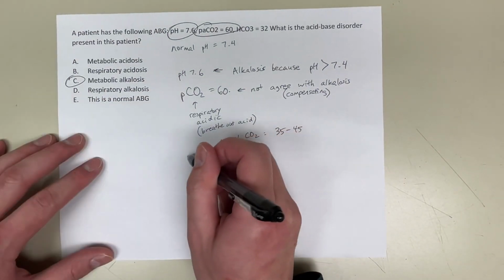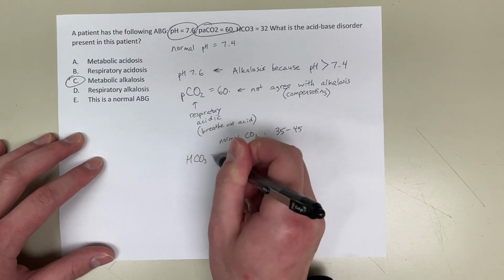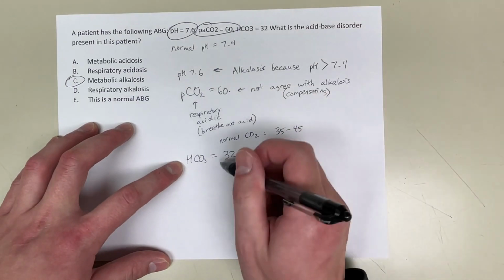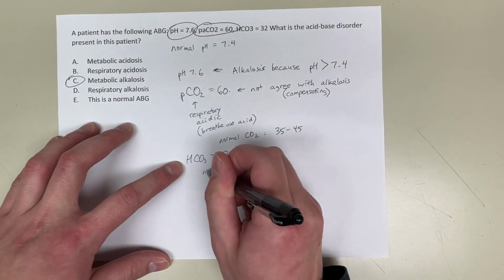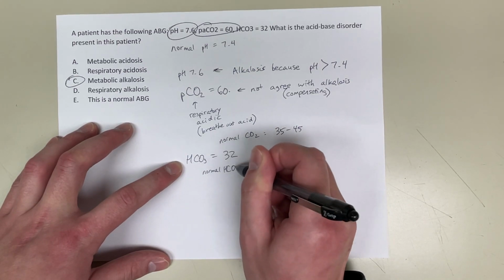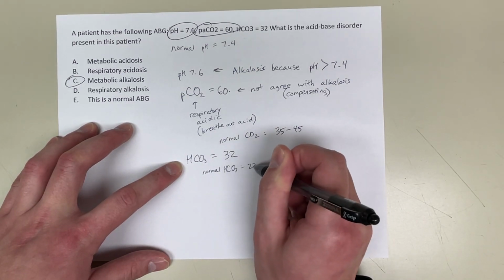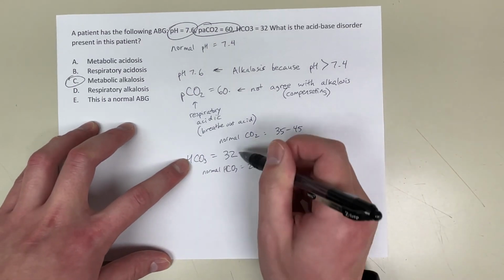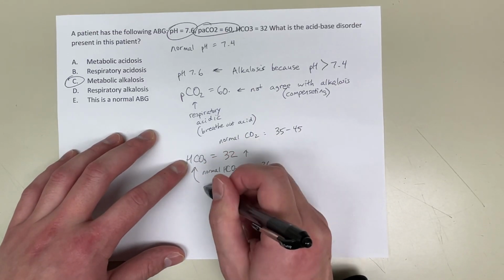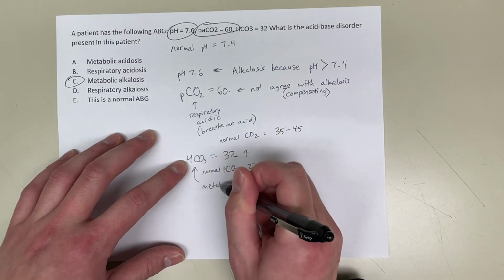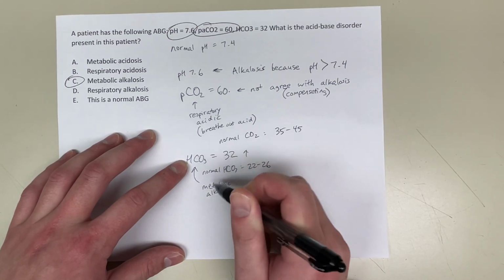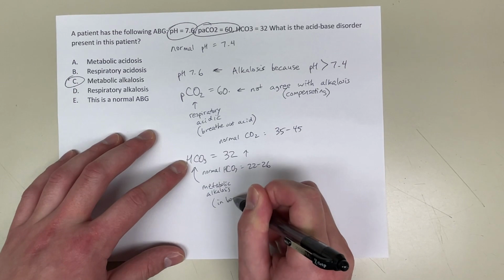So now I'm looking at bicarb, that's 32. And so the normal bicarb is between 22 and 26. So this is elevated. And then sodium bicarb I consider to be metabolic alkalosis because it's inside the body.